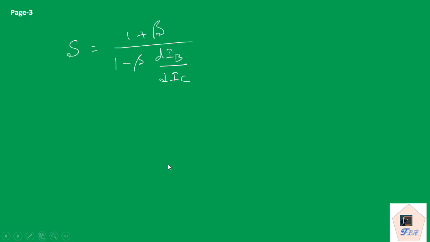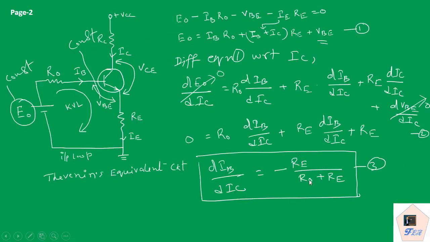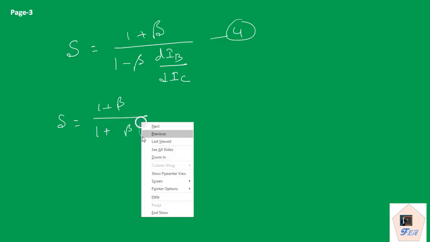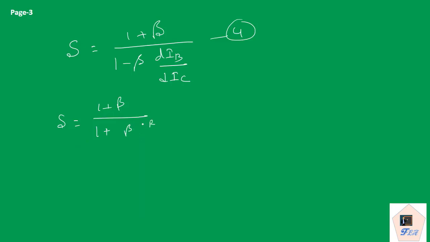But we have found dIB by dIC as minus RE divided by R naught plus RE, so let us call the general expression equation 4 and replace dIB by dIC from equation 3 into equation 4. We can write S equal to 1 plus beta divided by 1 plus beta into RE divided by R naught plus RE.